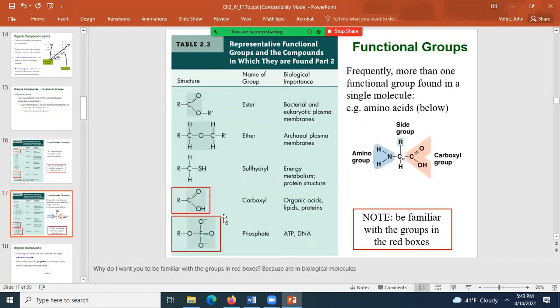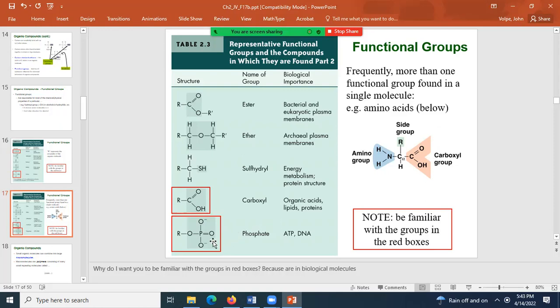You should know the carboxyl group. It is C bound to oxygen with a double bond, and then bound to a hydroxide group with a single bond. So you can state that as COOH. And that's the carboxyl group. It is found in proteins, lipids, and organic acids.